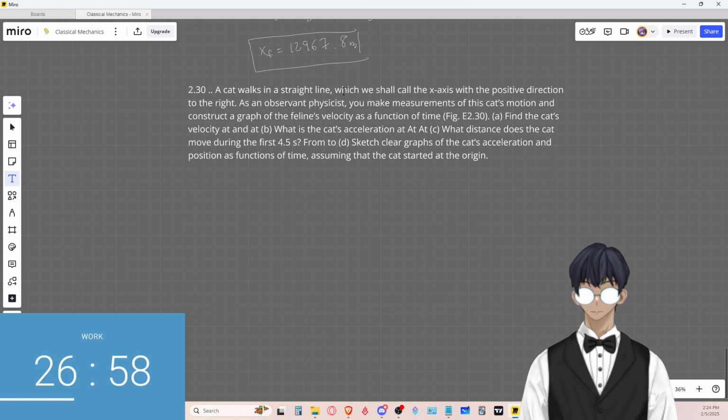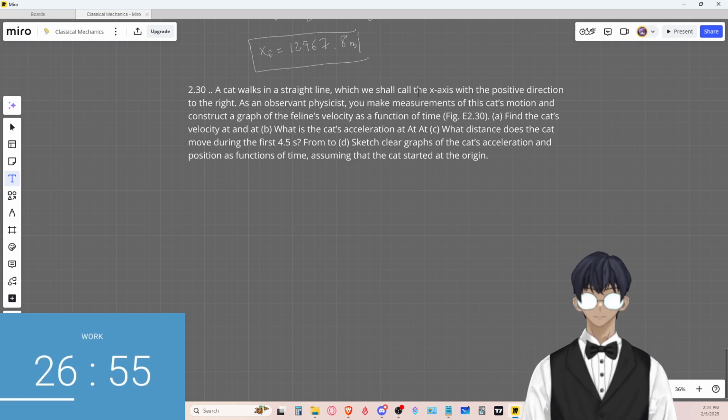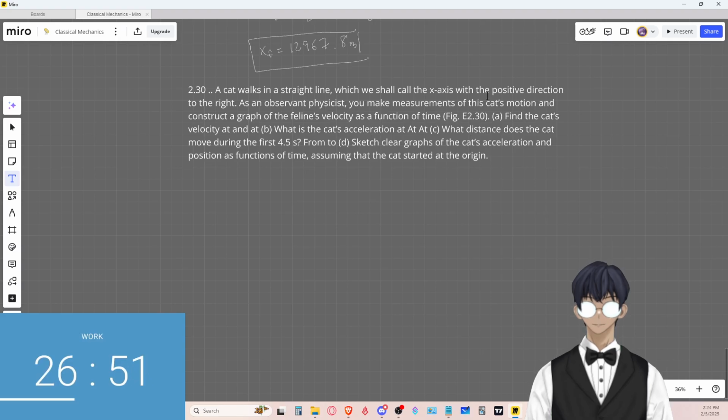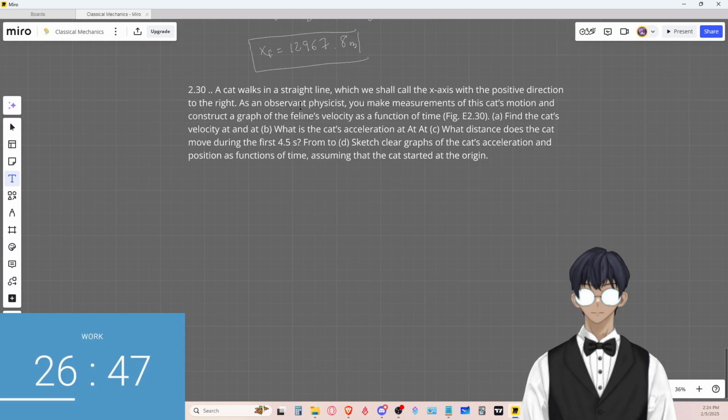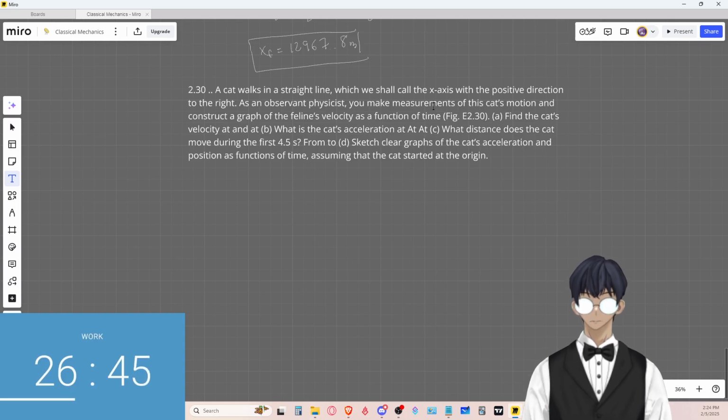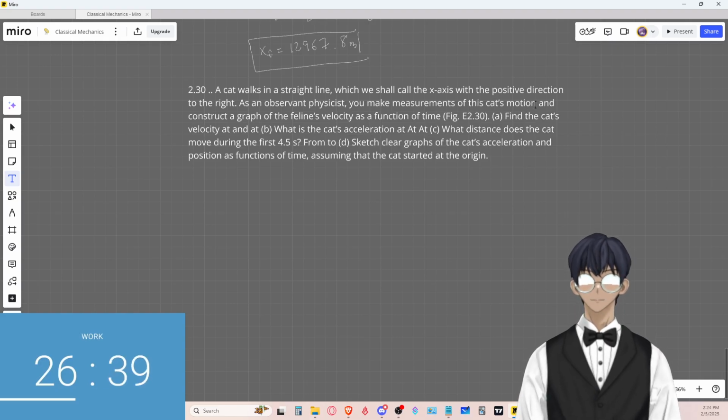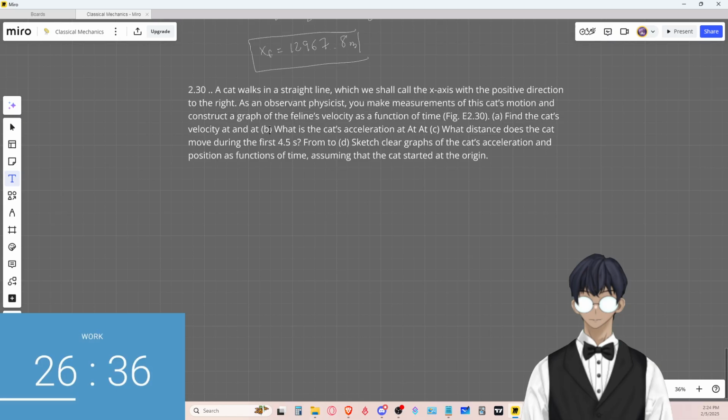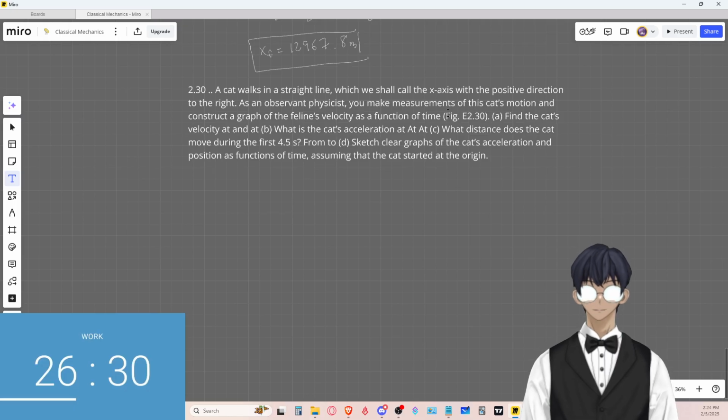Okay, a cat walks in a straight line, which we shall call the x-axis, with a positive direction to the right. Okay, as an observant physicist, you make measurements of this cat's motion, and construct a graph of the feline's velocity as a function of time. Oh, okay, so they actually show us the graph.